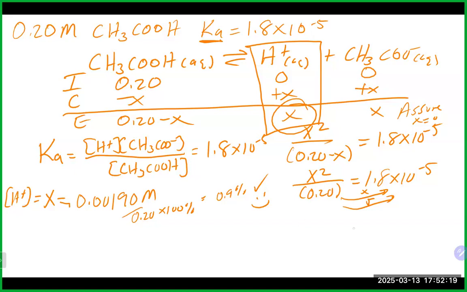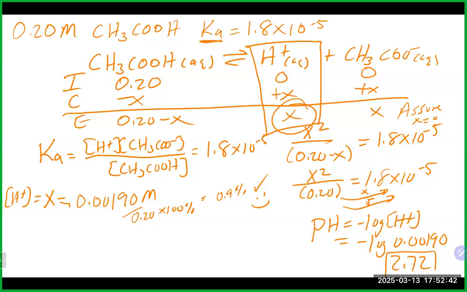We're ready then to go into our pH. pH is equal to minus the log of the H plus concentration, minus the log of 0.00190. That gives us 2.72. And it is an acidic pH, which is good because this is a weak acid. So that's obviously a good thing.